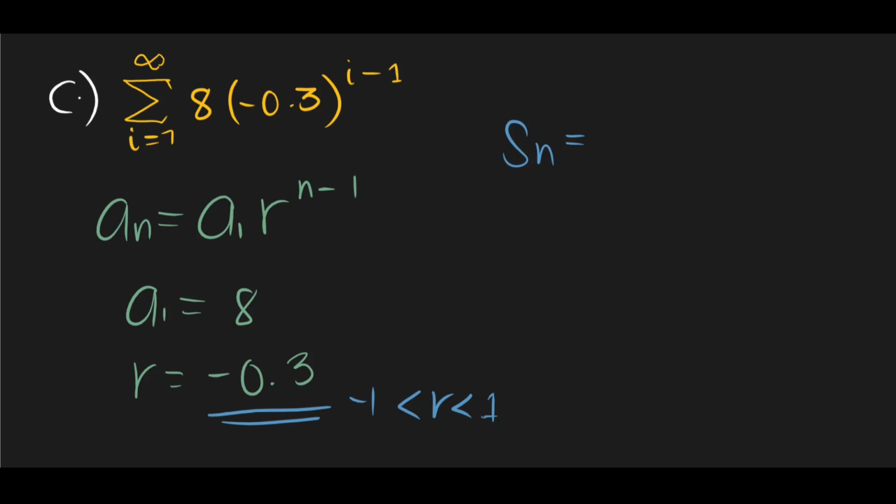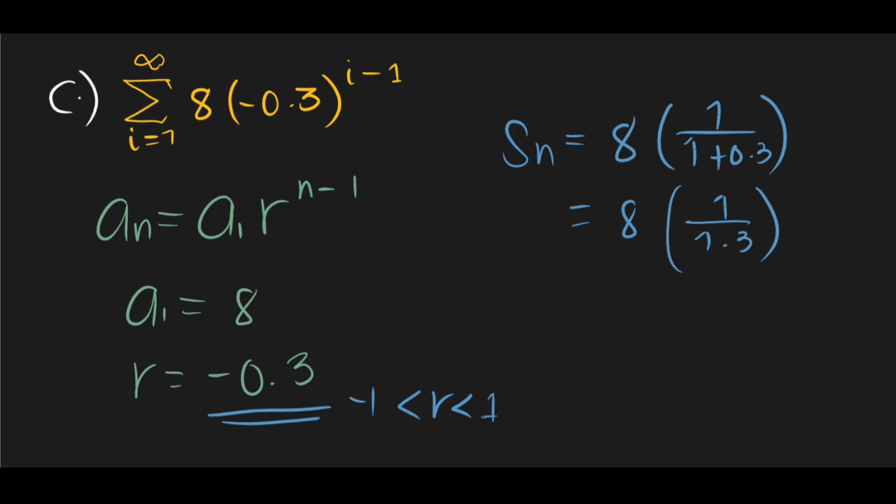So Sn is equal to our A1 here, which is 8, multiplied by 1 all over 1 minus negative 0.3, that would be plus 0.3, right? So there you have it: 8 multiplied by 1 over 1.3.